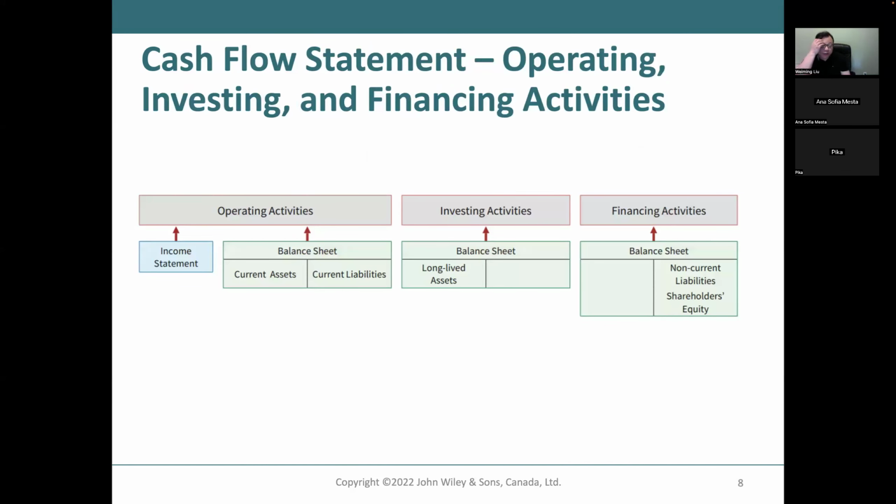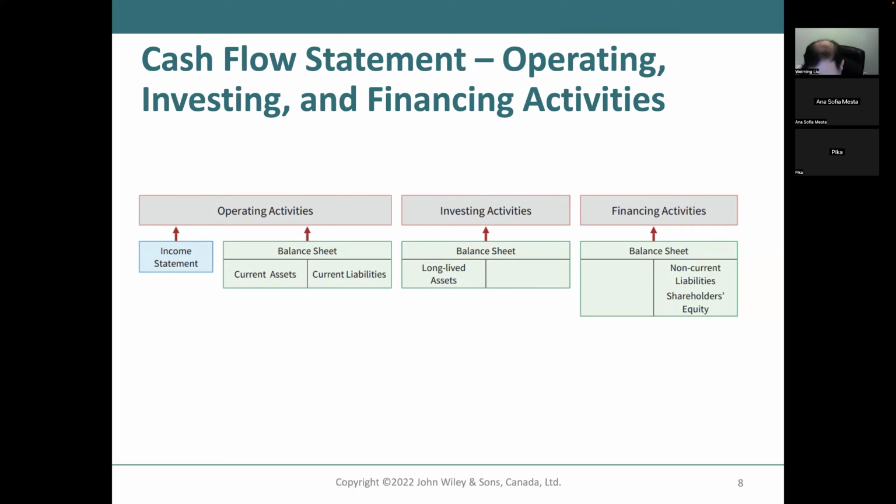So this picture explains everything really well. Take a look at this picture. For operating activities, the income statement is relevant, and the balance sheet is relevant only to the extent of current assets and current liabilities. Investing activity, only the balance sheet is relevant.